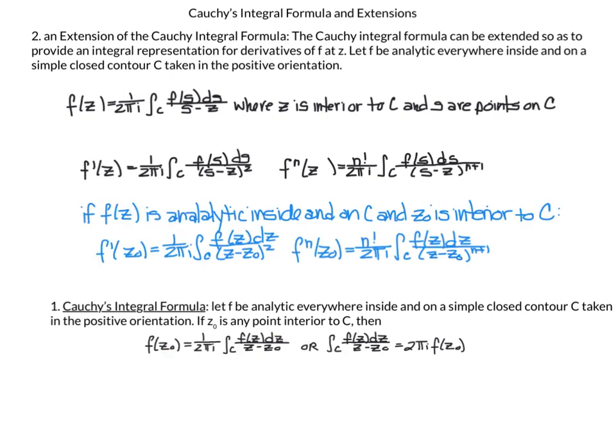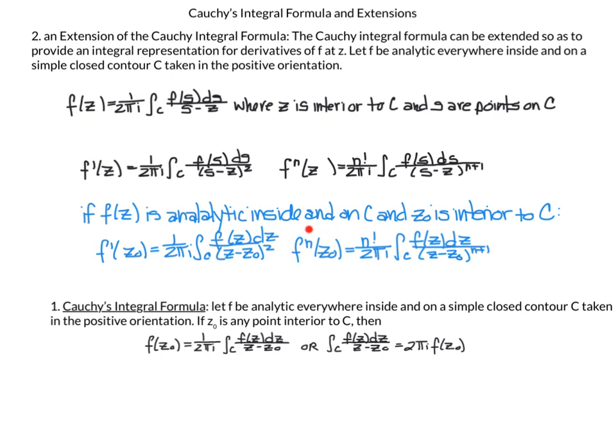So if I want to write this extension in the form of the original Cauchy integral formula, which by the way, a lot of the examples are written in this form, I could say if f of z is analytic inside and on C and z naught is interior to C, then our derivative at z naught is equal to 1 over 2 pi i, integral over C of f of z dz over z minus z naught squared. So this is just this formula again with the z's replaced with z naught and the s's replaced with z.